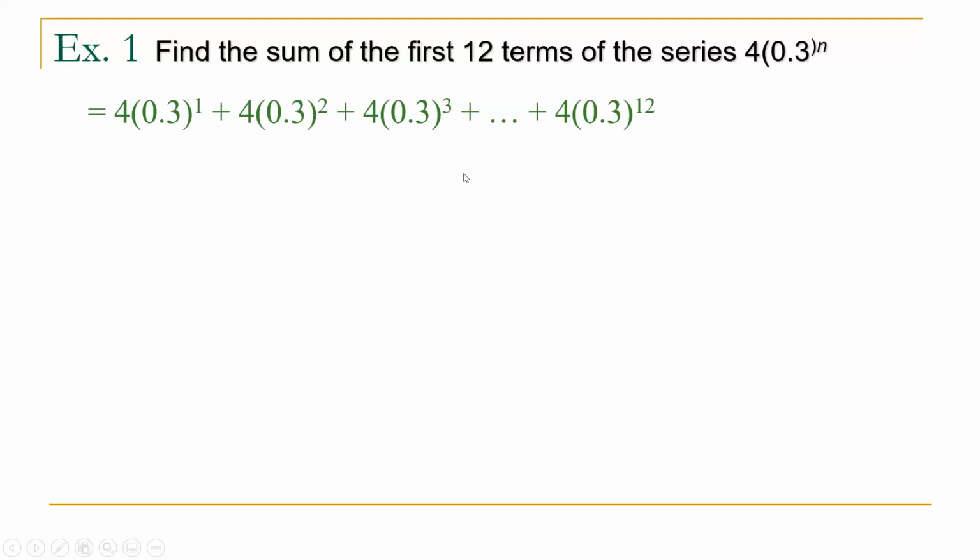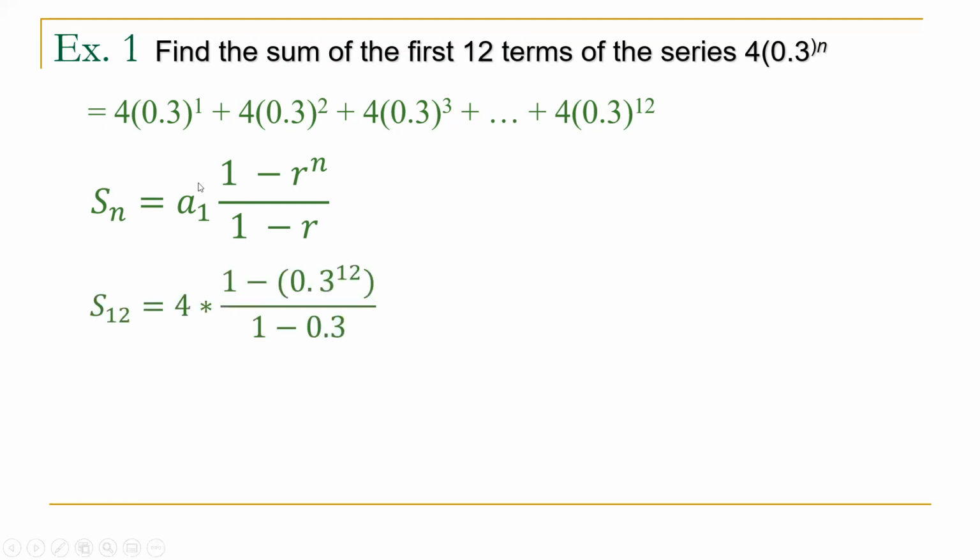So since hindi natin yan kayang i-compute lahat ng mano-mano kasi matatagalan tayo, may gagamitin tayong formula. So we have S sub n is equal to A sub 1 times 1 minus r raised to n all over 1 minus r. So ang gagawin lang natin is we will just substitute the given values. Okay, for the first term, we have 4.